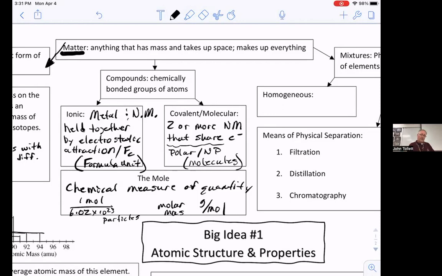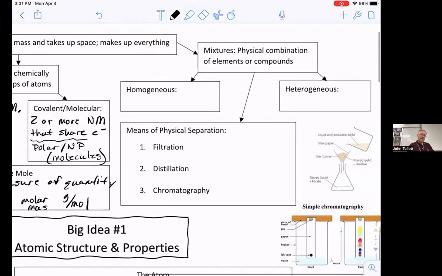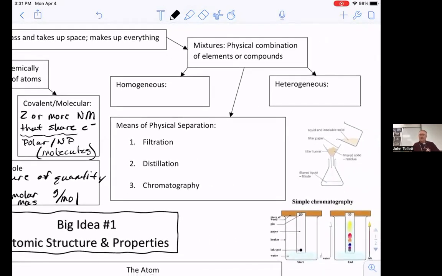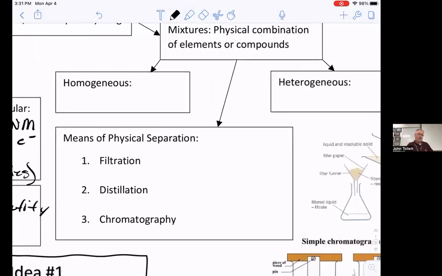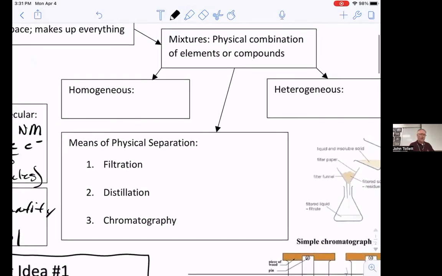So that's compounds, and a little bit extra stuff thrown in there in this unit. Another way of thinking about matter is a mixture of substances put together. So in this case, it'd be a mixture or combination of elements and compounds.